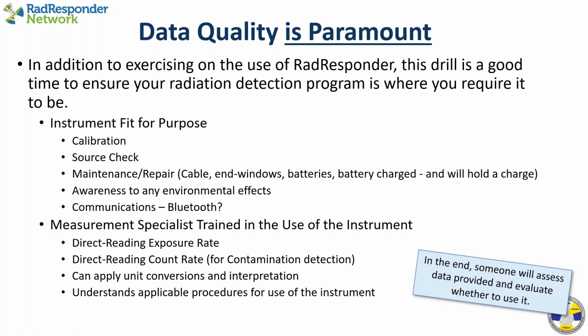We've had several discussions on a couple of committees I'm on on how to deal with this interpretation and doing unit conversions, again, particularly for folks for whom it's not their first job, but way down the list. They might use that instrument once a year. And so we're trying to get RadResponder developed and implemented such that none of this is confusing to people.